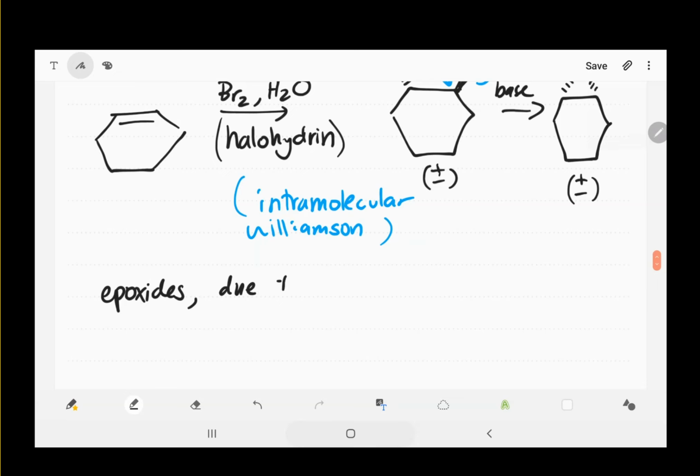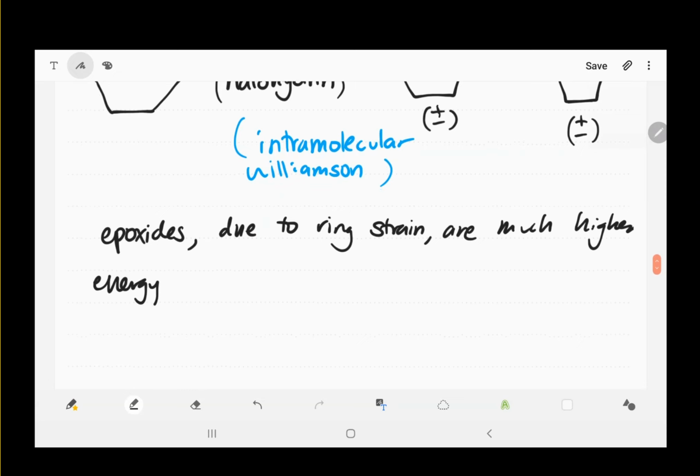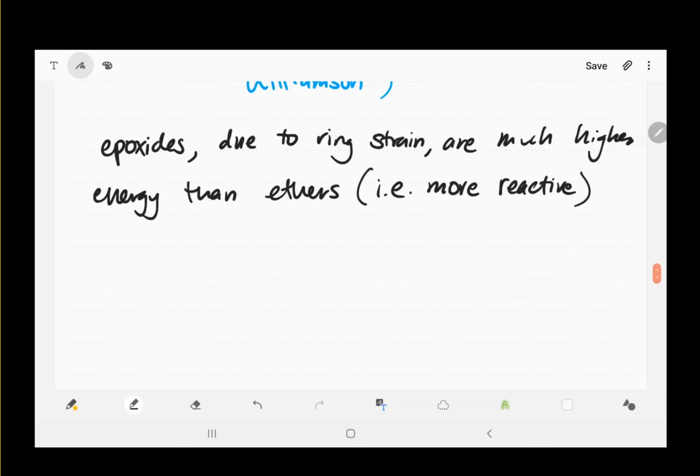Now what's interesting is epoxides, due to the ring strain, are much higher energy than ethers. That means that they are more reactive. And if we just take a look at ethylene oxide here, one of our favorite words, note that because of this ring strain, you have a three-membered ring.